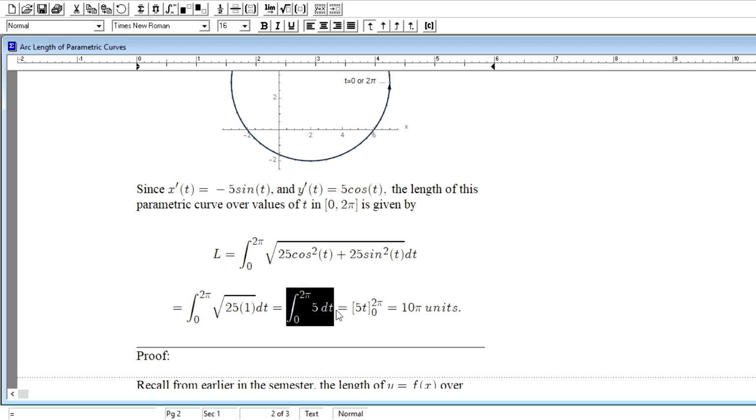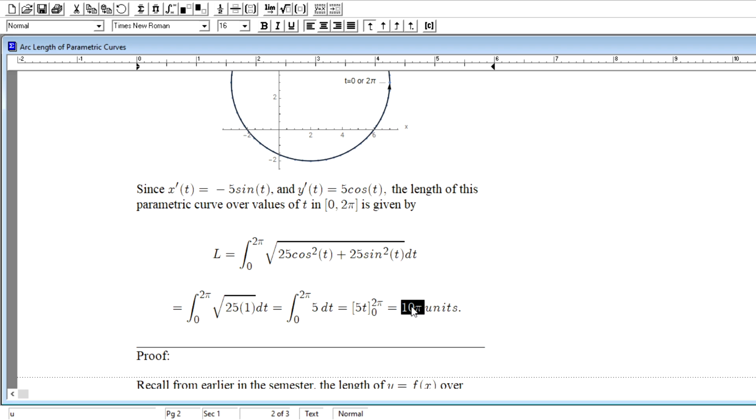So we're just integrating the value of 5 across the bounds from 0 to 2 pi, where the antiderivative of 5 with respect to t is 5t, and evaluated from 0 to 2 pi leaves us 10 pi minus 0.